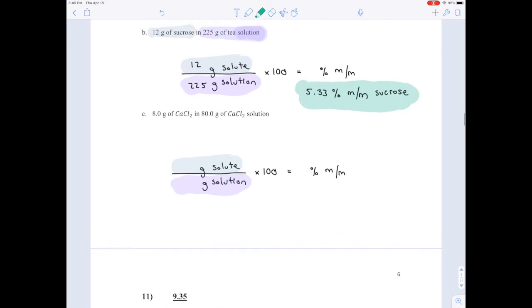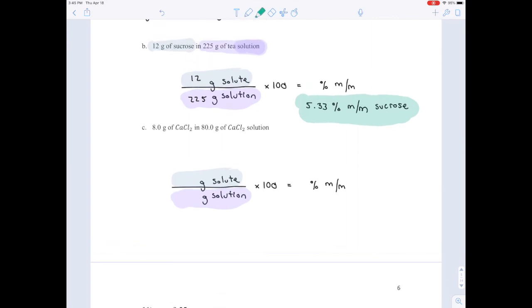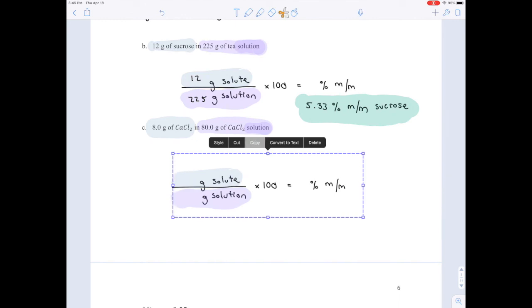Okay, for C. Now C, they give us the solute, which is the smaller number, here 8 rather than 80. And you can see that the other thing they give us, 80, is the solution. They tell us specifically that that's the solution. So we can plug these numbers in.